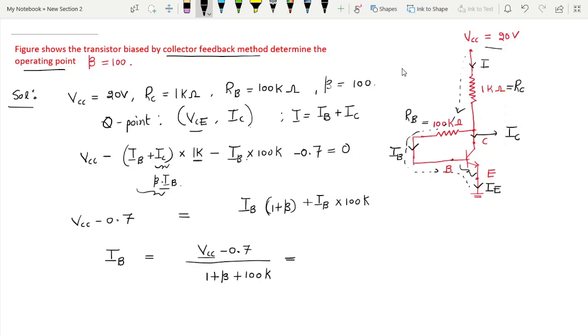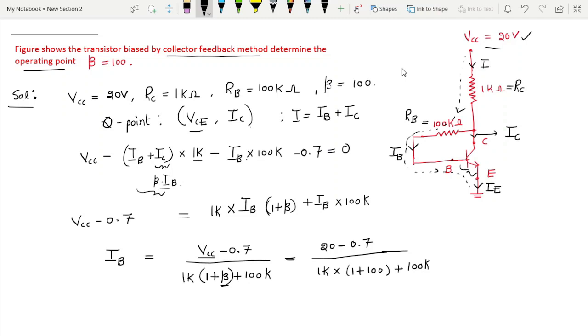Here you know that VCC is 20, minus 0.7. Here in the denominator, don't forget the 1K: 1 plus beta into 1K. Beta is 100, so 1K into 1 plus beta means 100K plus 100K.